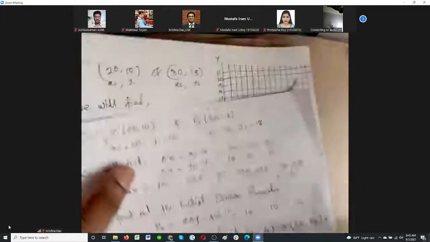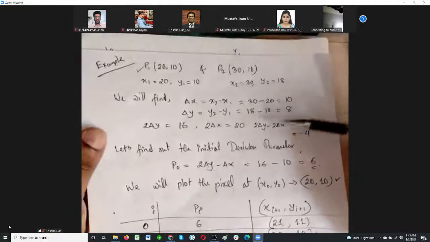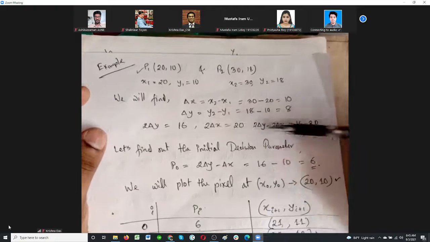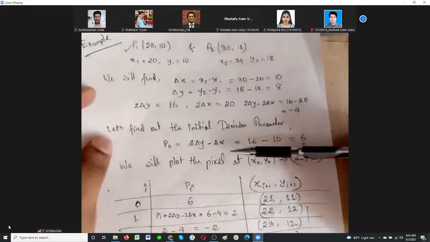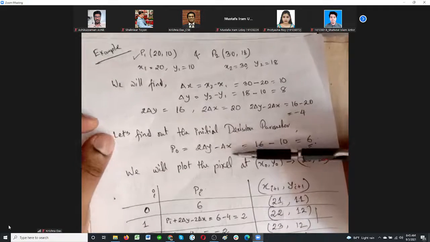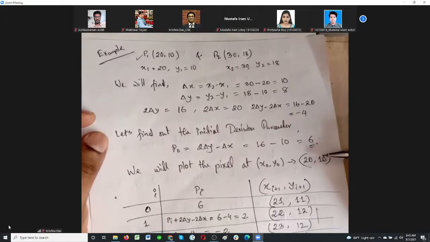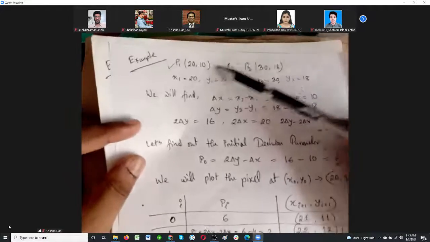So on the basis of that we have found those relevant values that we need from there, and then we take the initial decision parameter. We find 2 del y minus del x, which is 6. That is positive, and we plot the first pixel.